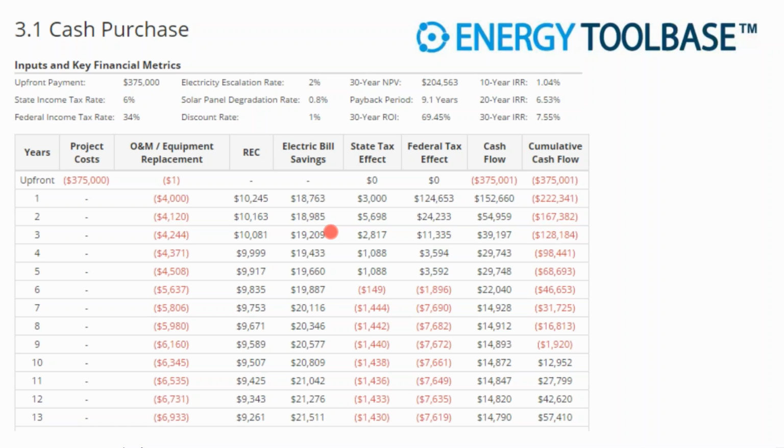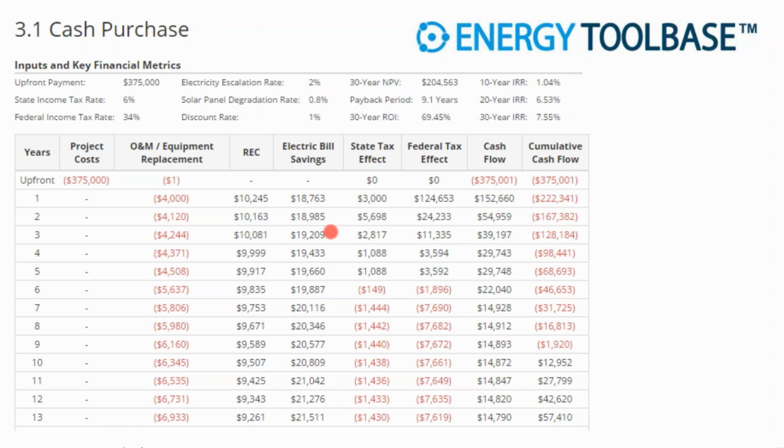And in your post-tax analysis, a business, unlike a residential customer, is paying taxes on their electric bill savings. They're more profitable. They're paying taxes on that higher amount of profit.